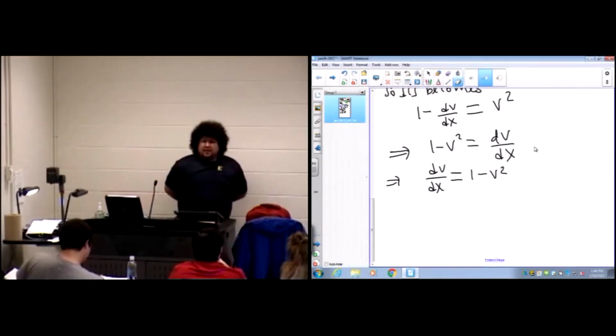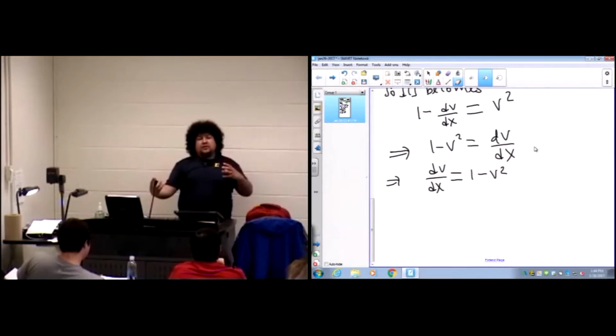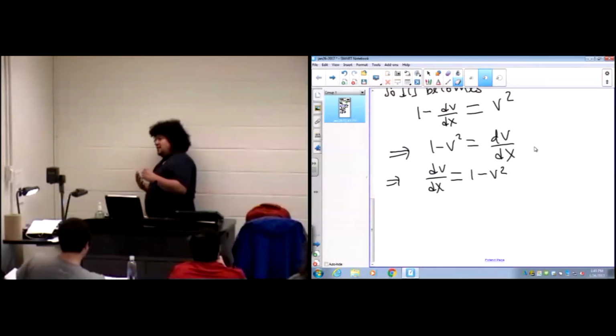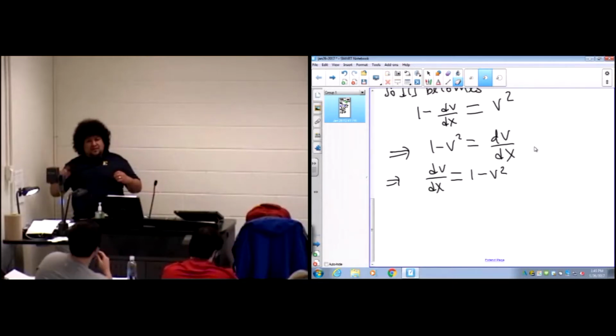We're thinking linear in either the function or its derivative, or linear in both. And the function here is v, the unknown of the ODE. The unknown is that function v, and on the right-hand side, v appears with an exponent of 2, it is squared. So that is not linear.